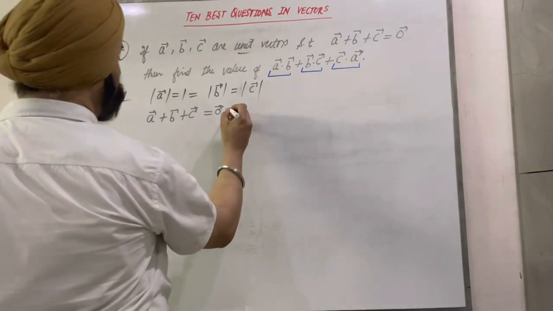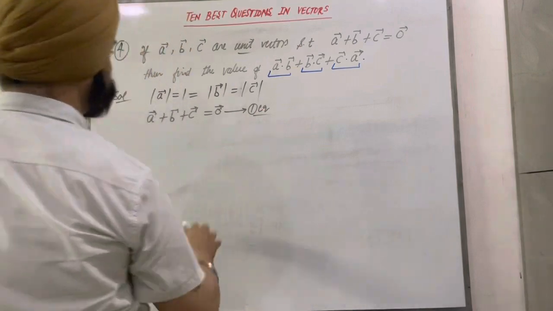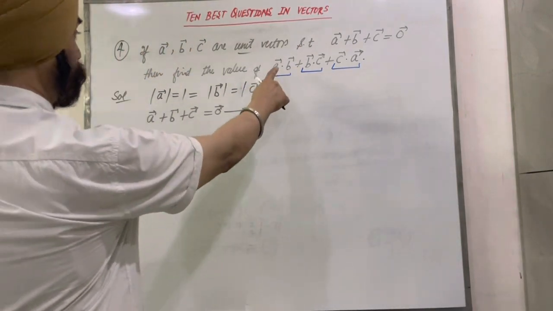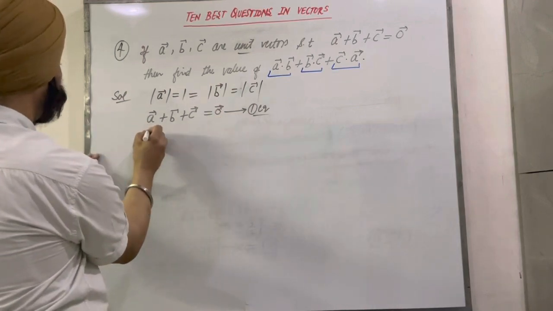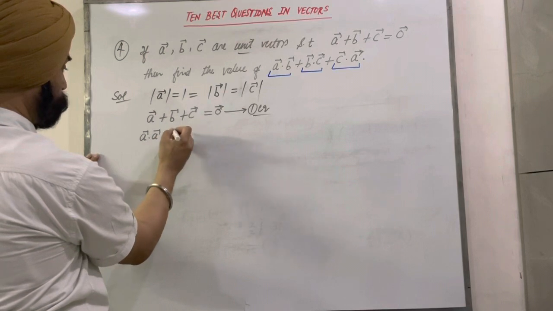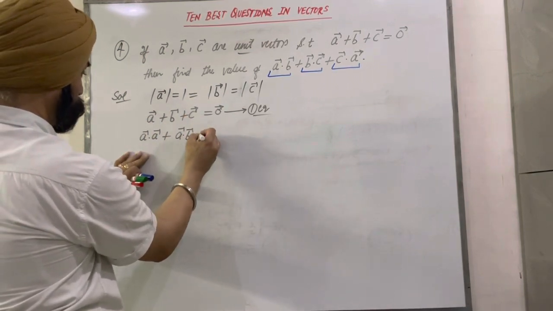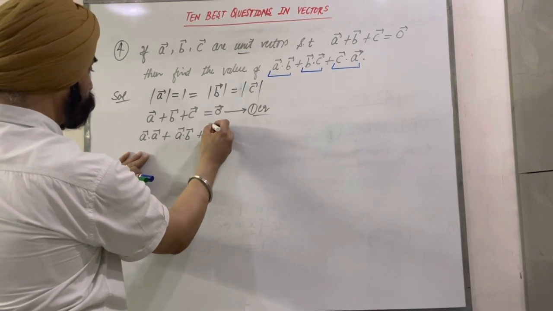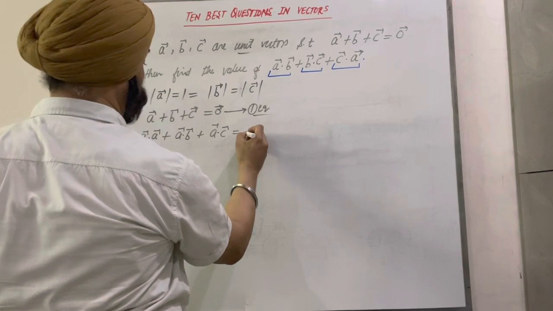So for the time being, I take this equation as the first equation and take its dot product with vector A. That gives us vector A dot vector A plus vector A dot vector B plus vector A dot vector C, and vector A dot vector 0 is simply 0.